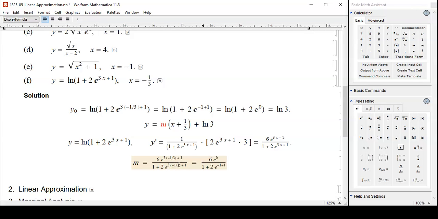Because 3 times negative 1/3 will become negative 1, and plus 1 was there before. So we end up with 0 power again. And 0 power is always 1, so we get 6 over 1 plus 2. We get 2. So that's the slope. Plug in right here. Then we get the equation of the tangent line. The slope point equation of the tangent line.